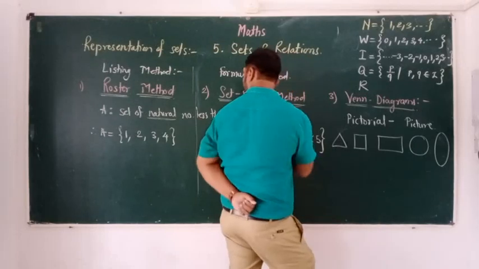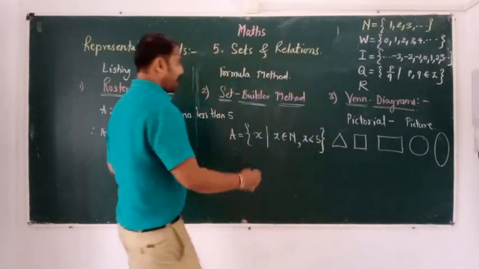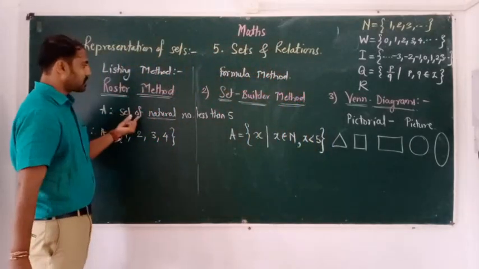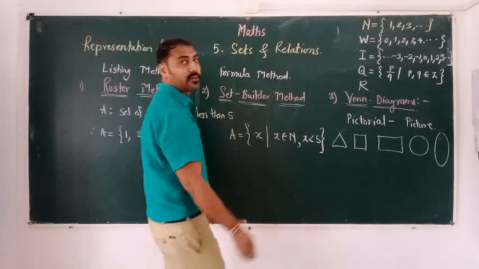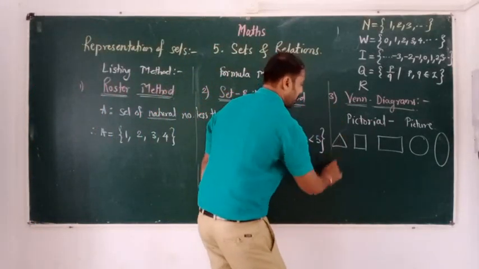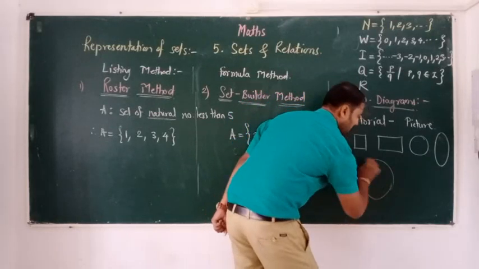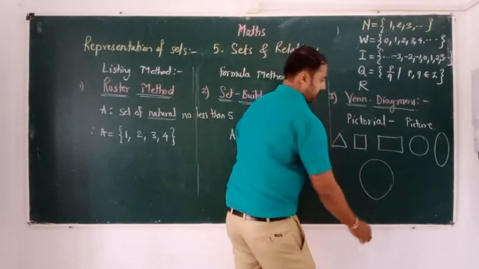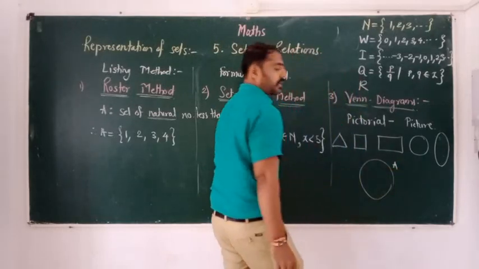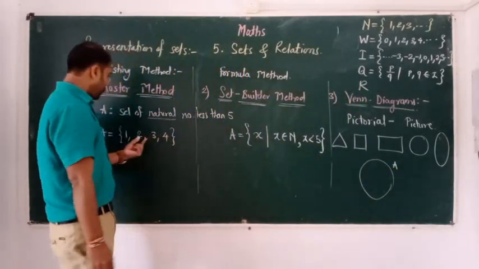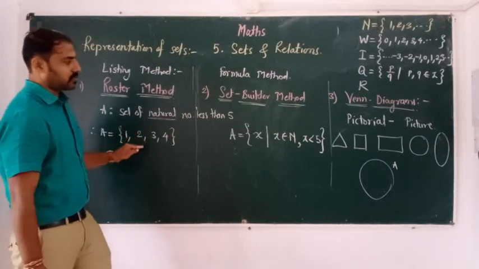Now, I want to write the set of natural numbers less than 5 in a Venn diagram. I use a circle to represent that set A. How many numbers are there? 1, 2, 3, 4.